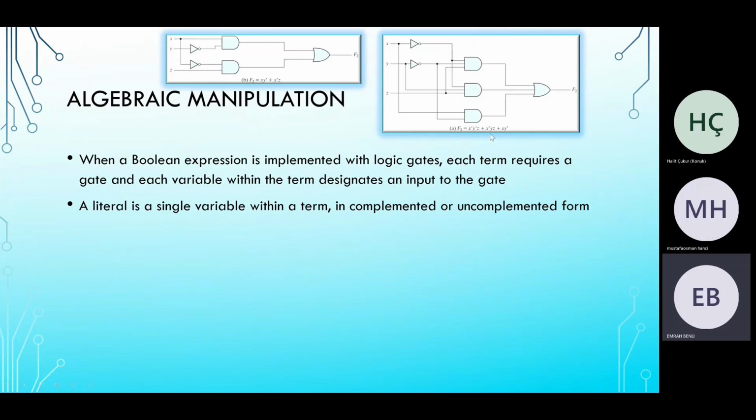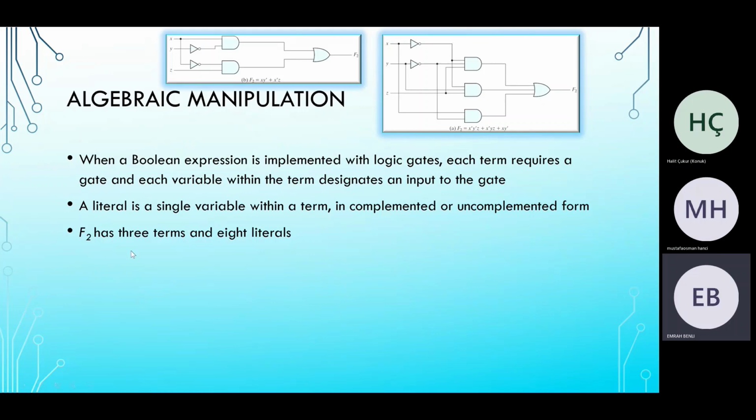X, Y, Z, these are all literals. And it can be in complemented or uncomplemented form, which is here x prime is the complemented form, and we have x, which is uncomplemented, the original form of the literal.